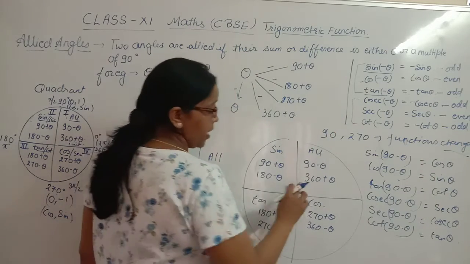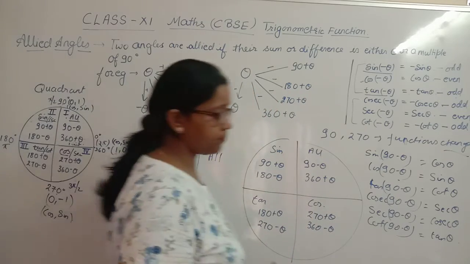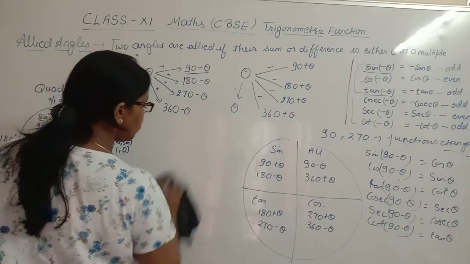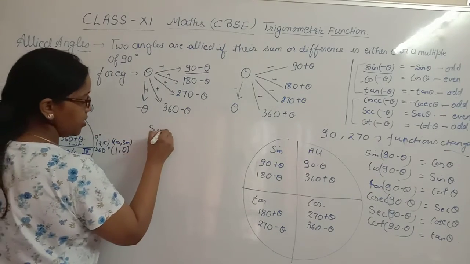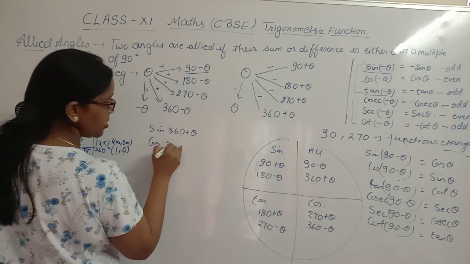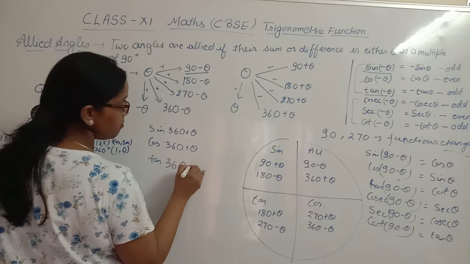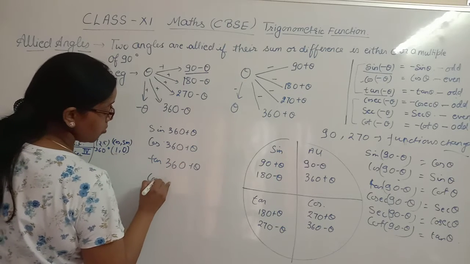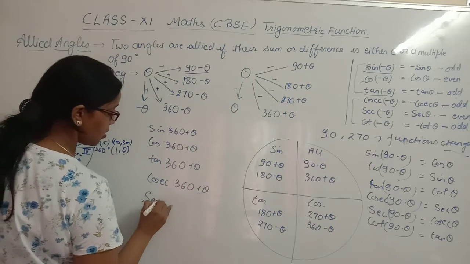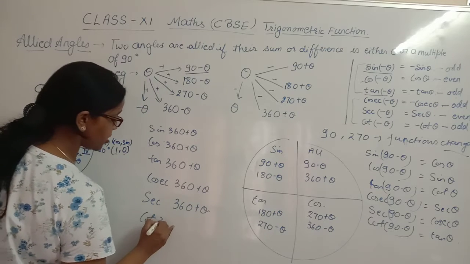Clear? Now if you are taking 360 plus theta, sine 360 plus theta, cos 360 plus theta, tan 360 plus theta, cosec 360 plus theta, sec 360 plus theta and cot 360 plus theta.